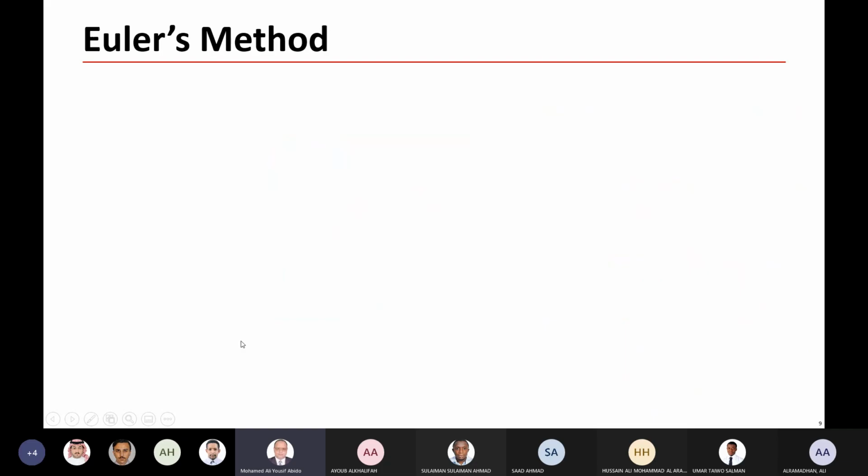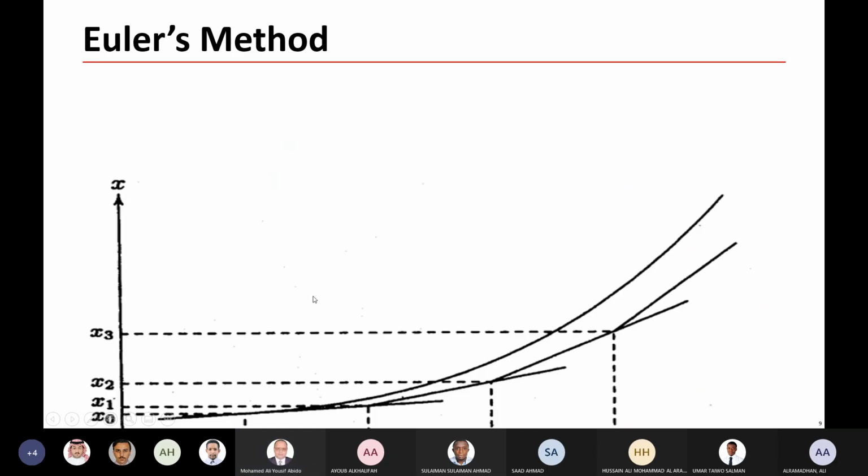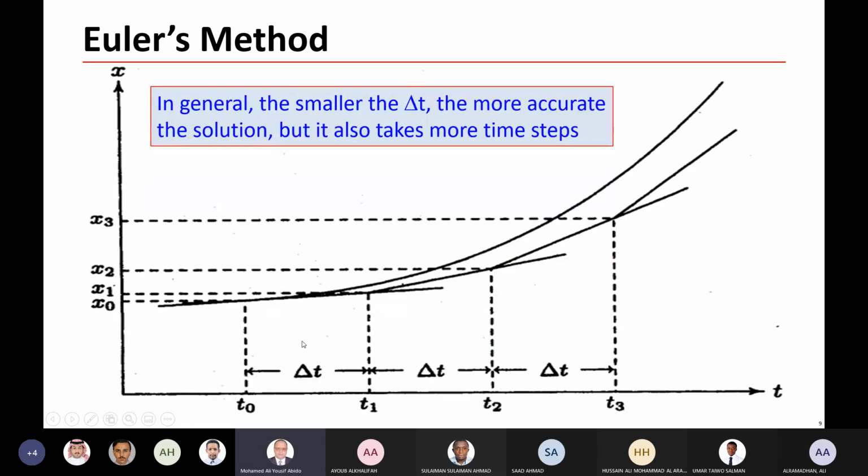Okay, so in a swing equation, for example, you need to solve for time between 0 to 5 seconds. So if you set the interval 0.1 second for 5 seconds, you need to carry out 50 iterations in this case. In general, the smaller the delta t, the more accurate the solution. You can see here the solution calculated is a little bit behind the actual value.